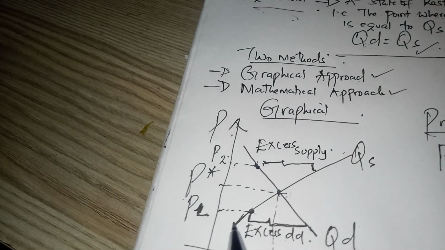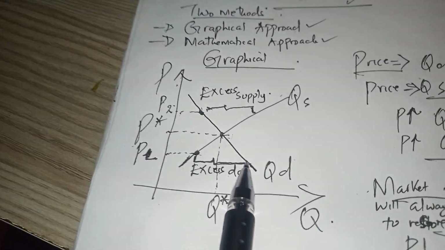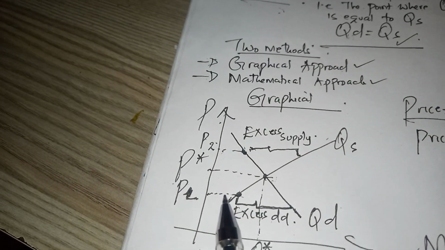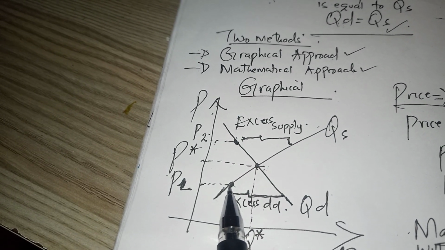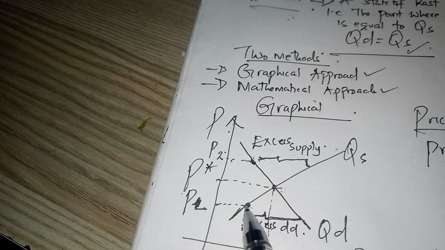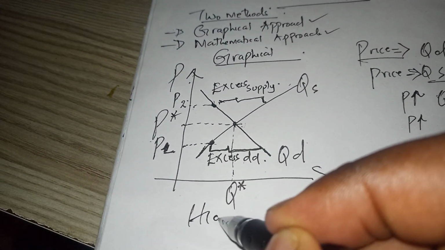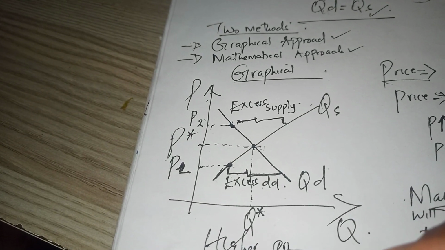So what happens when you have excess demand? That is, the consumers are more than willing to buy, but the goods are not available in the market. So what happens to the price is that the few available commodities will have a higher price.